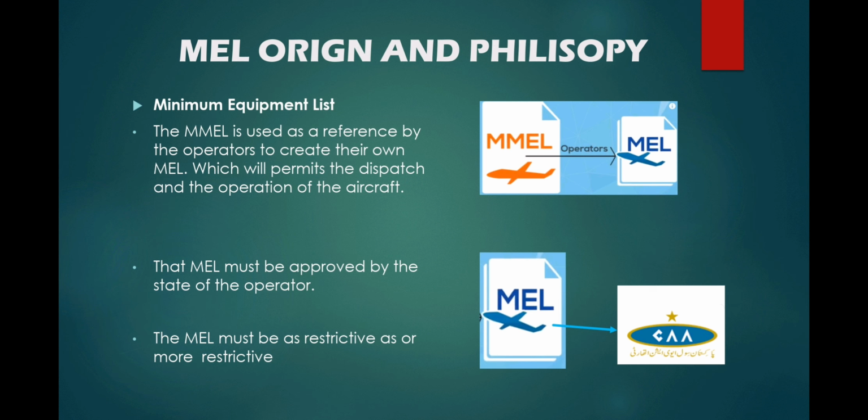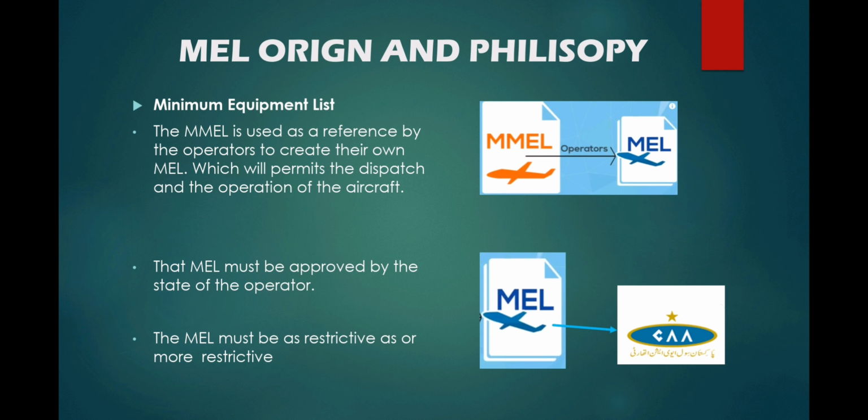Alright, the next is the minimum equipment list. As you know, the master minimum equipment list is created by the manufacturer, but once you purchase that aircraft, you have to create your own minimum equipment list, which is created only with reference to the master minimum equipment list.